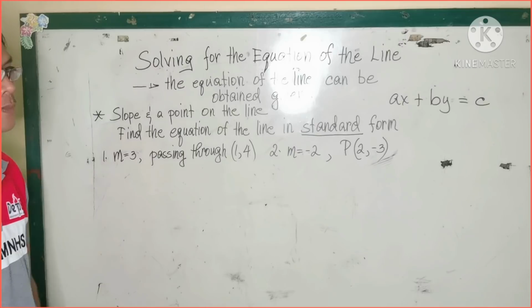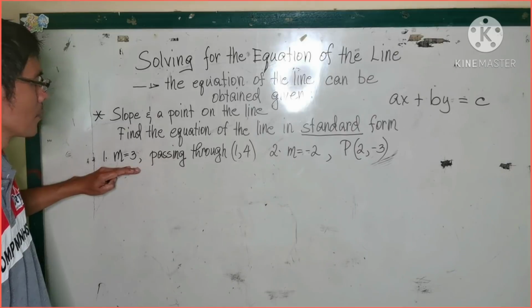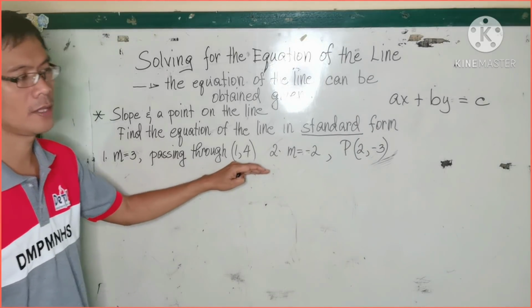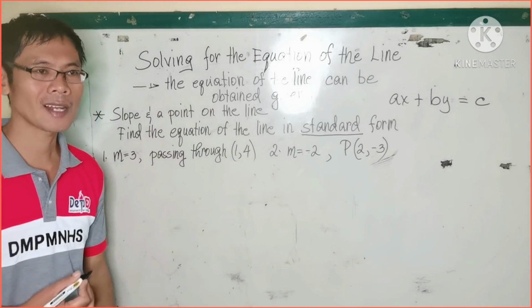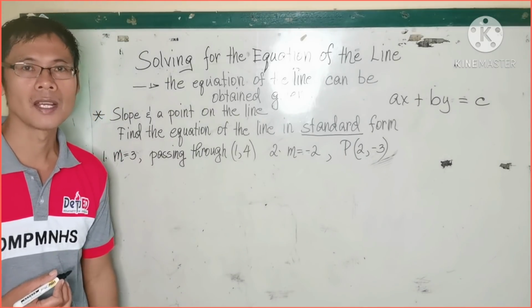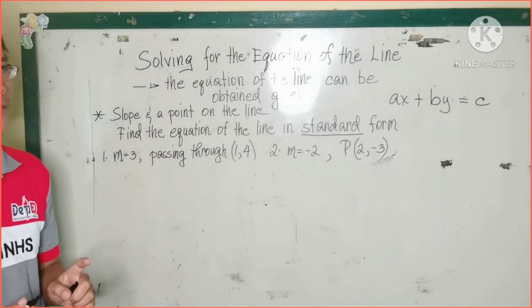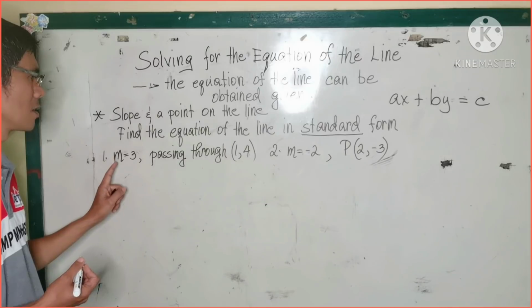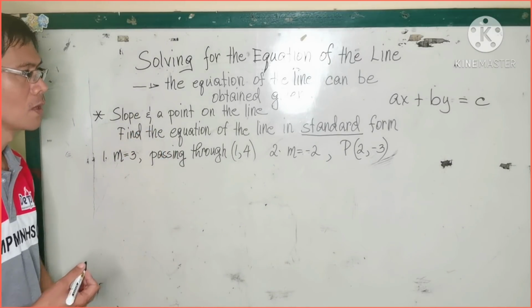So how shall we obtain or solve for the equation of the line given the slope and a point? Again, if we are to recall, there are several forms of the equation of the line. And one form is the point-slope form.